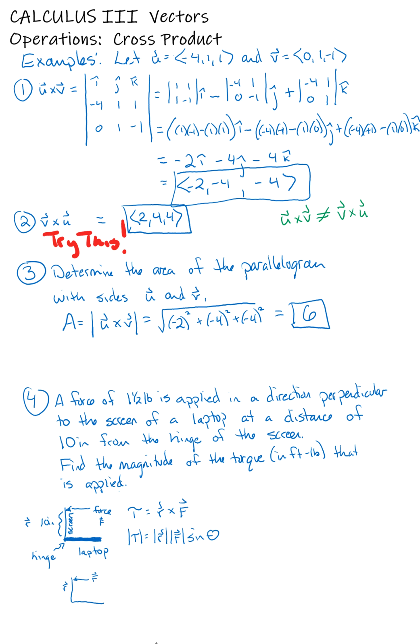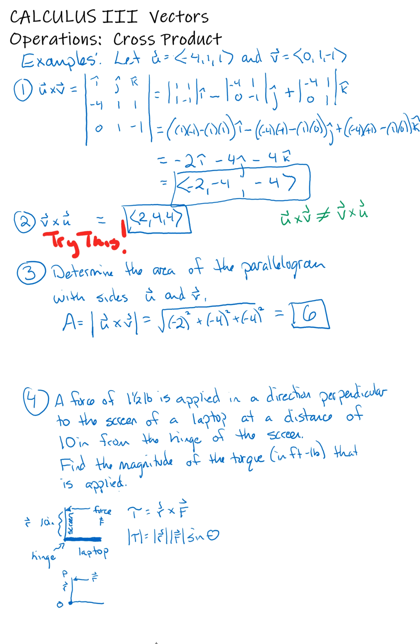And so what we're looking for is the torque here at the hinge. If you remember defining this, R can be defined as the vector going from point O to point P. That might help. Okay, so let's see, what do we have?